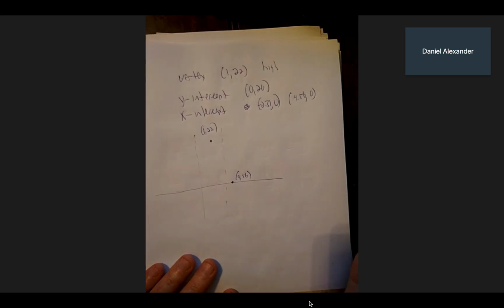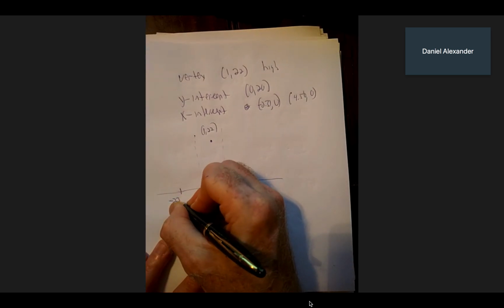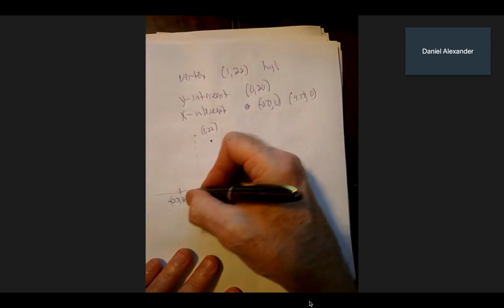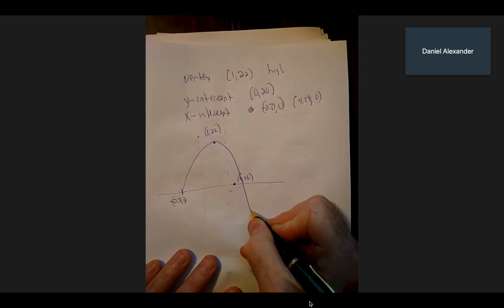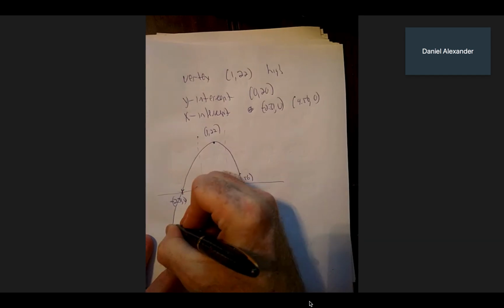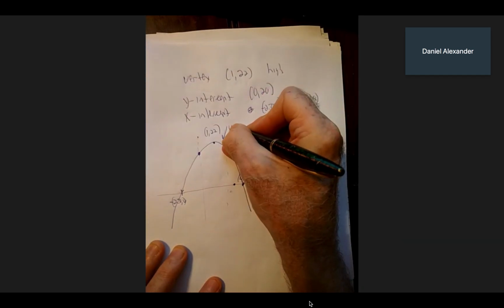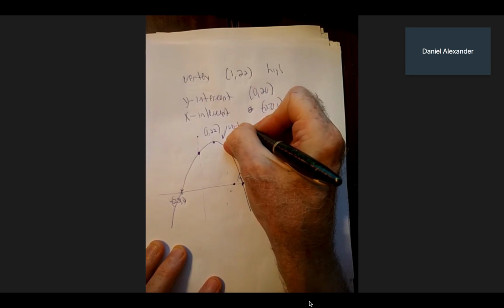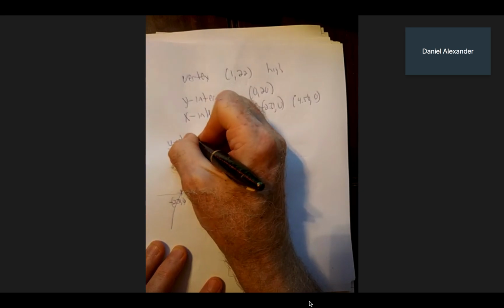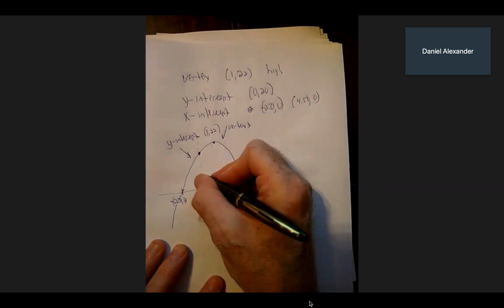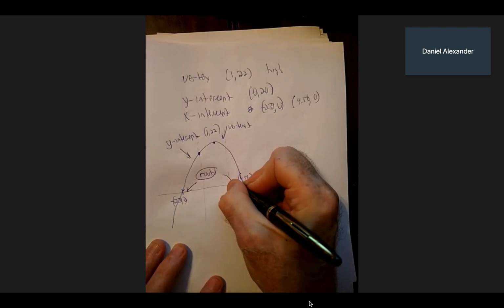So I'm going to move the root over. It's going to look something like that. That's the vertex. That's the y-intercept. And then these are the roots or the zeros, or the x-intercepts. And this is a graph of y equals minus 2x squared plus 4x plus 20. And then I'll throw in my y-axis at the end.